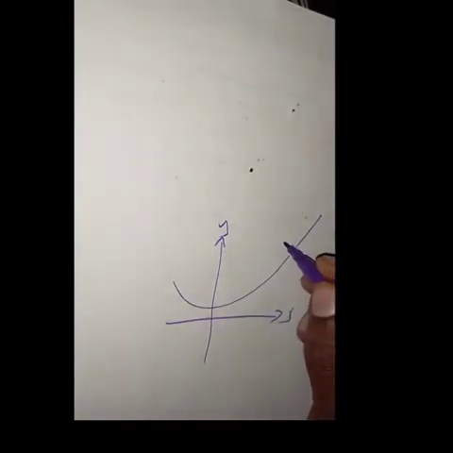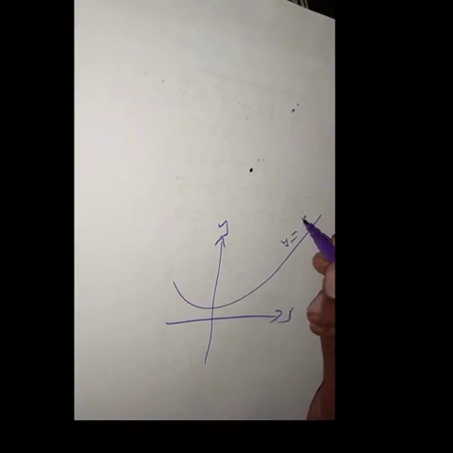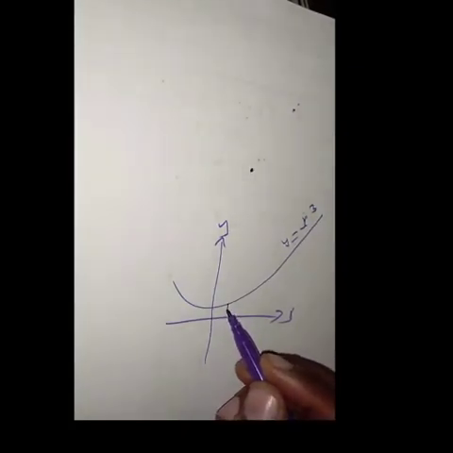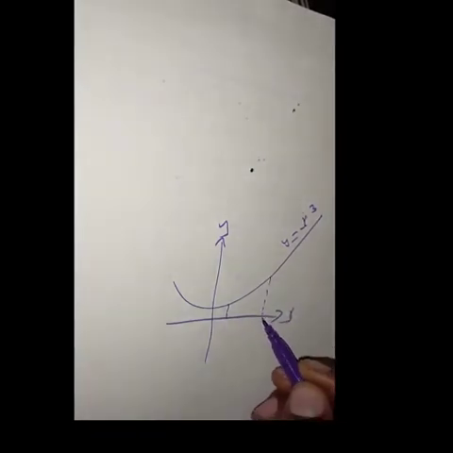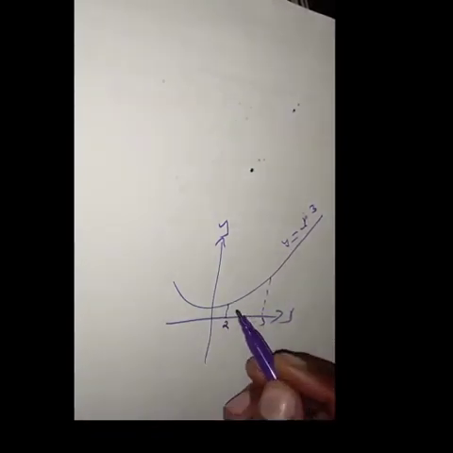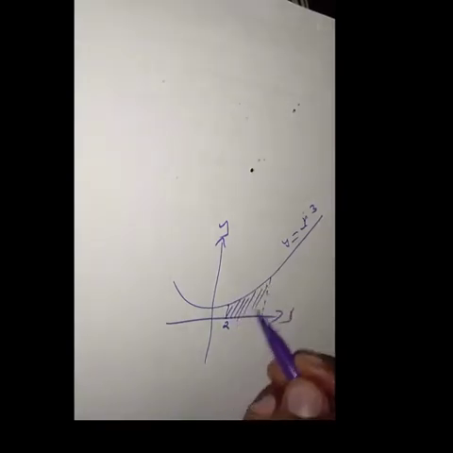Then let's assume this one is y is equal to x to the power 3, the curve. Then here we have maybe 3, here we have a 2. Then they are saying find the area of the shaded part.